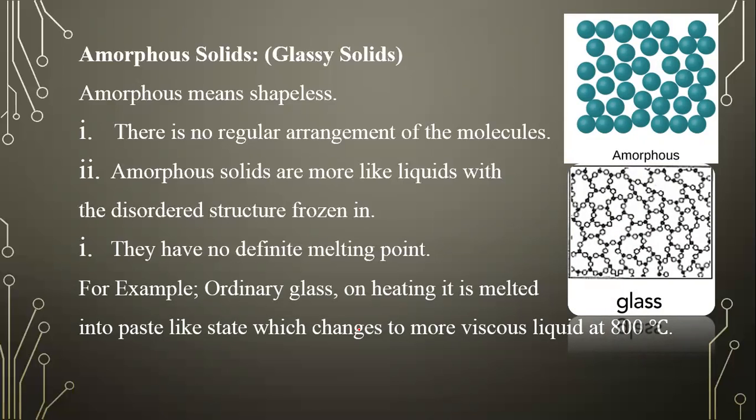So this is the change in state of an ordinary glass at different temperatures. So that's why amorphous solids have no definite melting points. So these amorphous solids are also called glassy solids. इनका alternative name है, amorphous solids को glassy solids भी बोला जाता है.